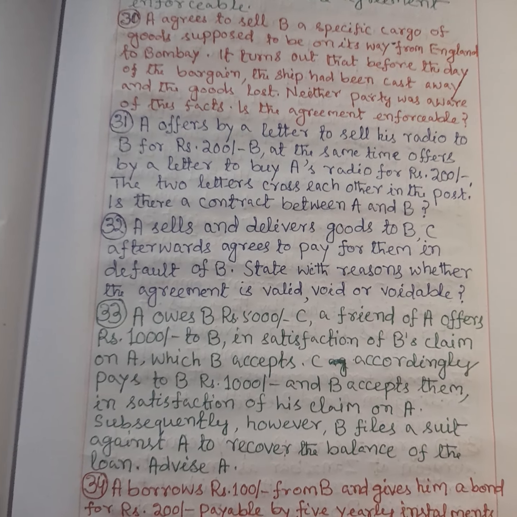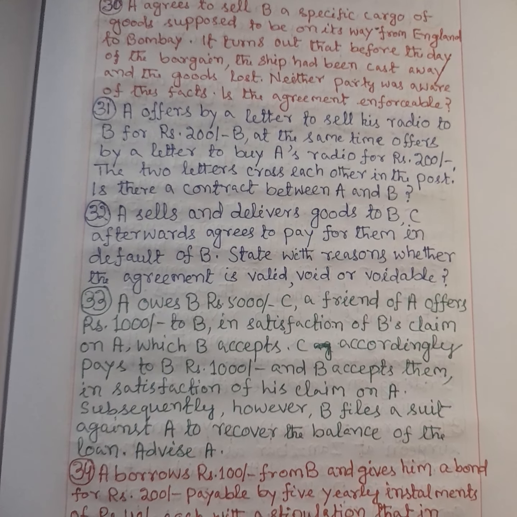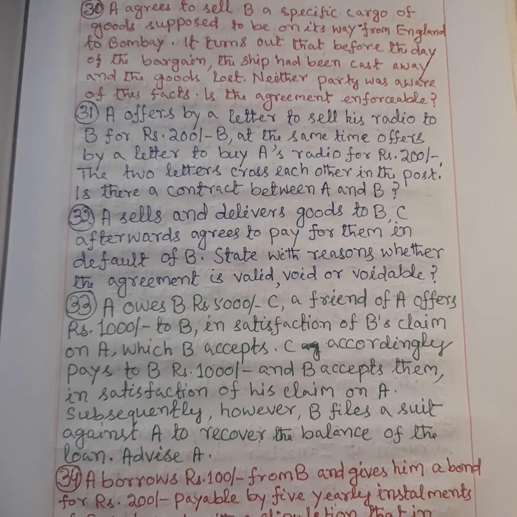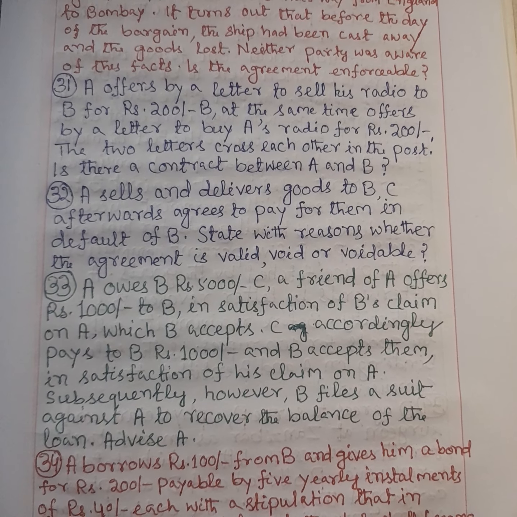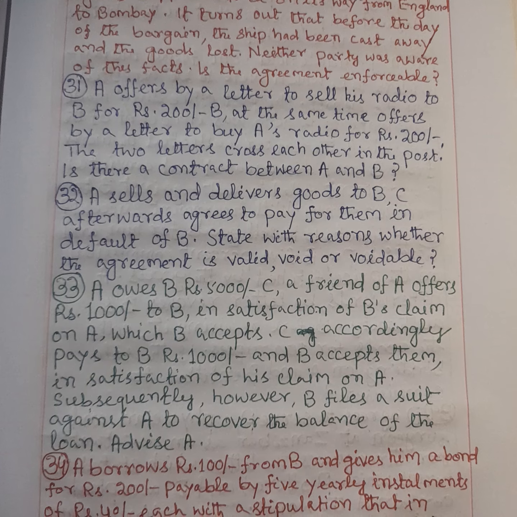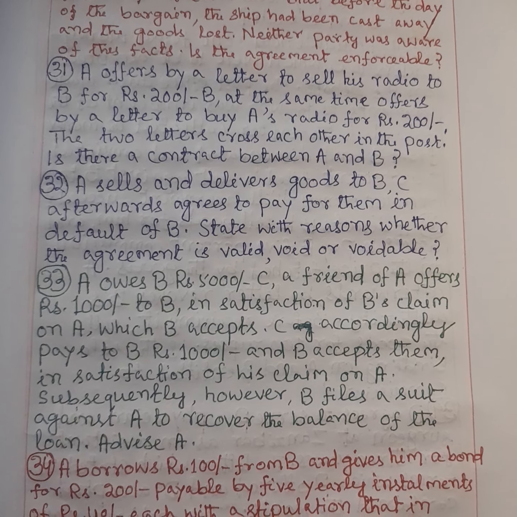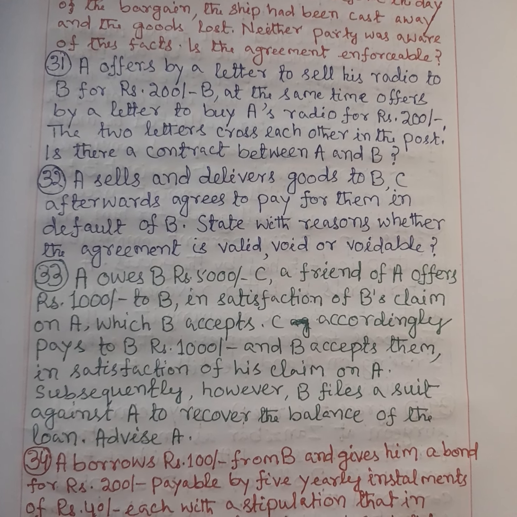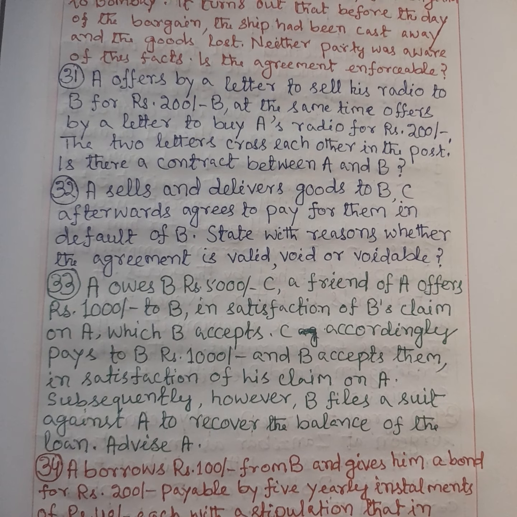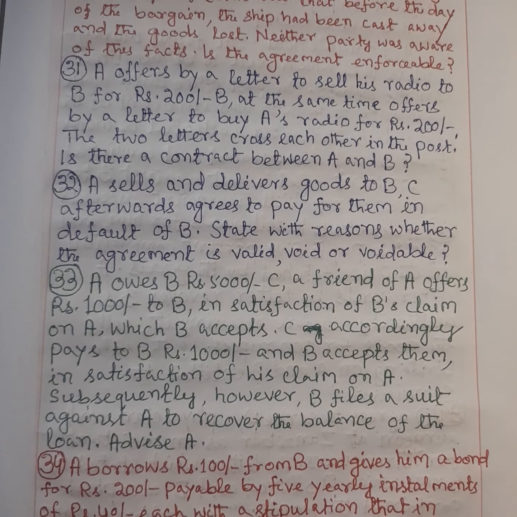And now we'll go to the problem number 33. So, A owes B Rs 500 and C, a friend of A, offers Rs 1000 to B in satisfaction of B's claim on A, which B accepts.